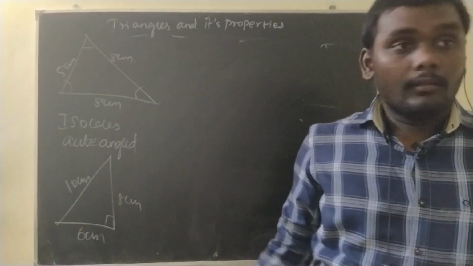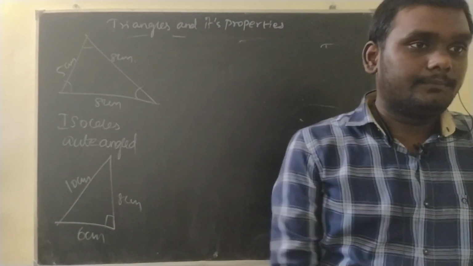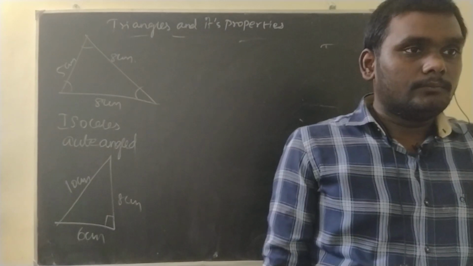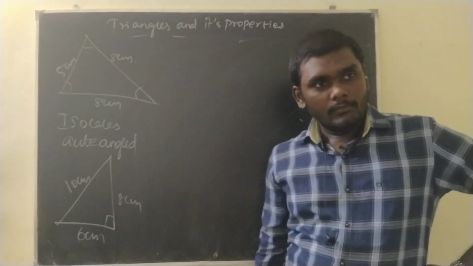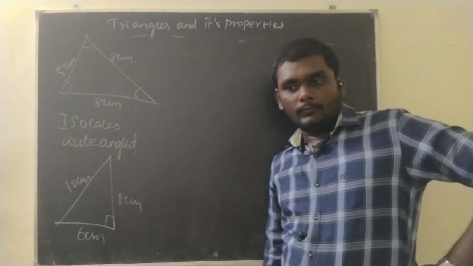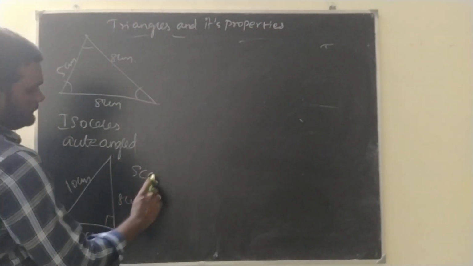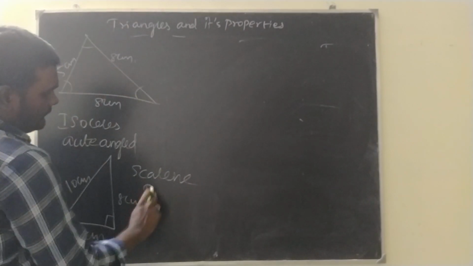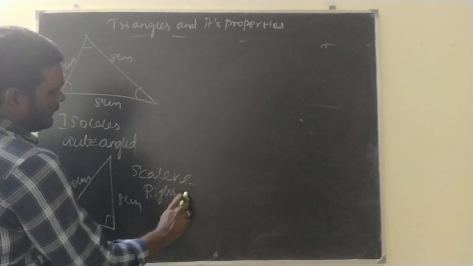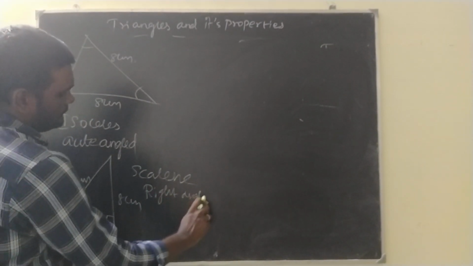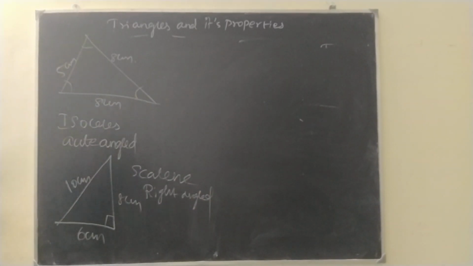See, what can you say about this triangle? Scalene triangle. What angled? Right angled triangle.